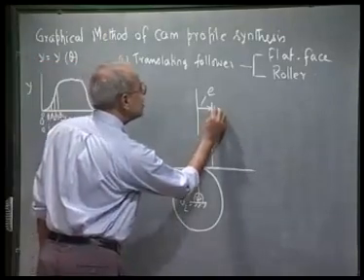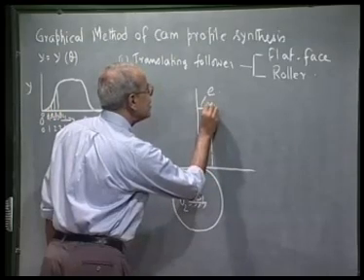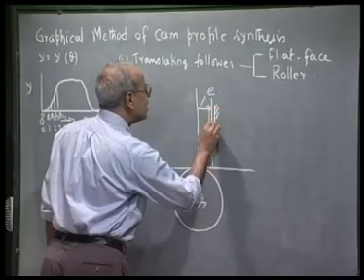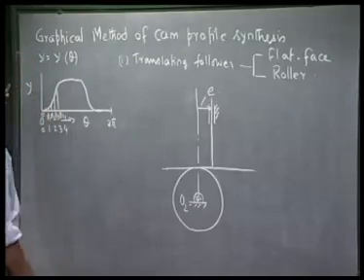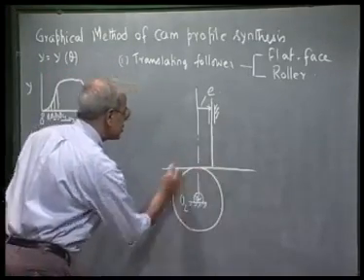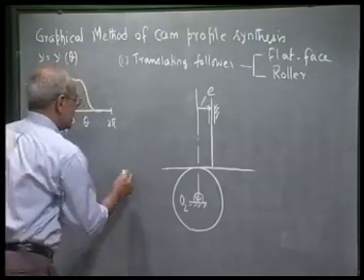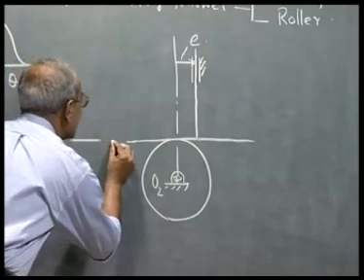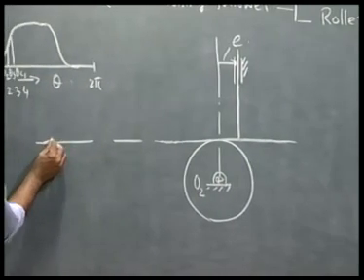This line represents the follower axis. Obviously, this corresponds to station point 0 when the follower is at its lowest position. Now, we draw the displacement diagram at the same level.